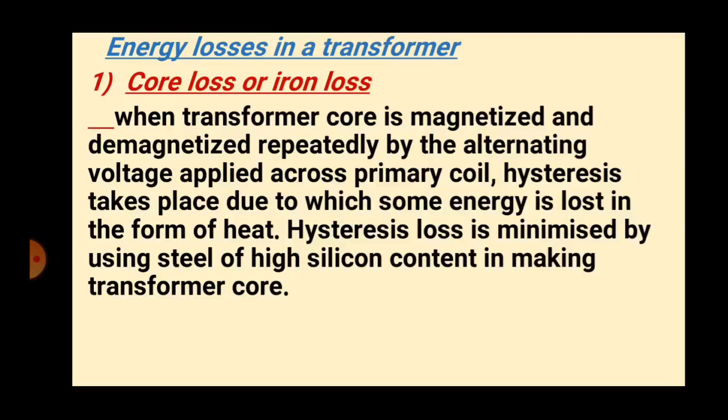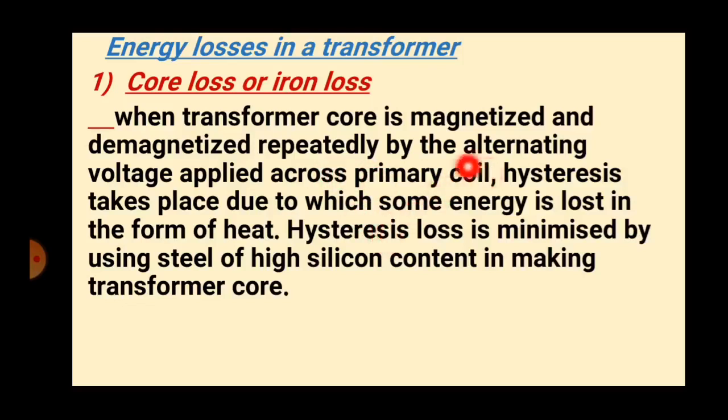The first factor is core loss or iron loss. The repeated magnetization and demagnetization of the iron core caused by the alternating input voltage produces a loss in energy called hysteresis loss.